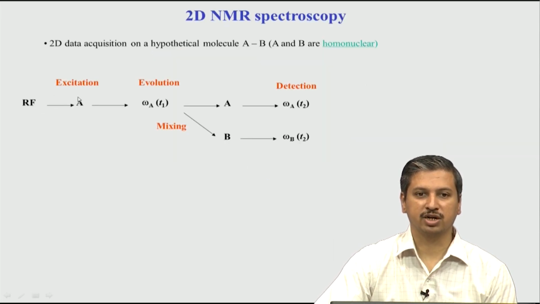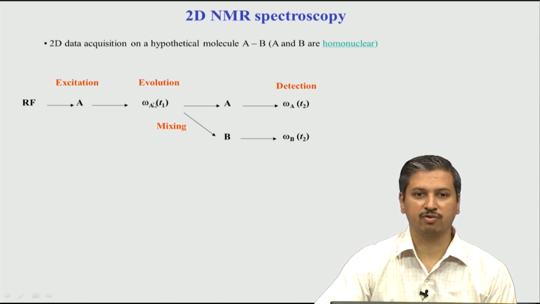So, let us consider spin A, the A side. We have excited A, and it evolves by its chemical shift during T1. Now, the second pulse is called a mixing pulse. Why is it mixing? Because it has now excited B, but during the evolution it has transferred the magnetization to B. So, when we apply the second pulse, B gets excited, but that process of starting from A, transferring it to B and then exciting B, we call mixing.